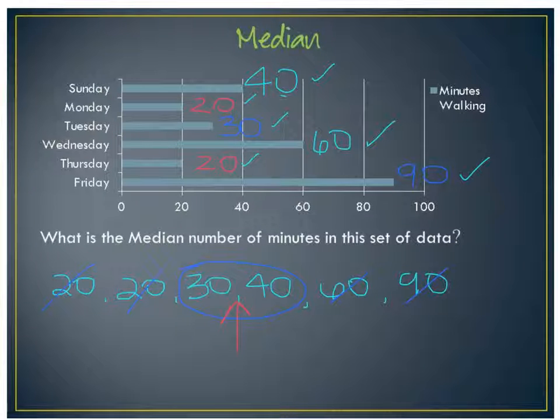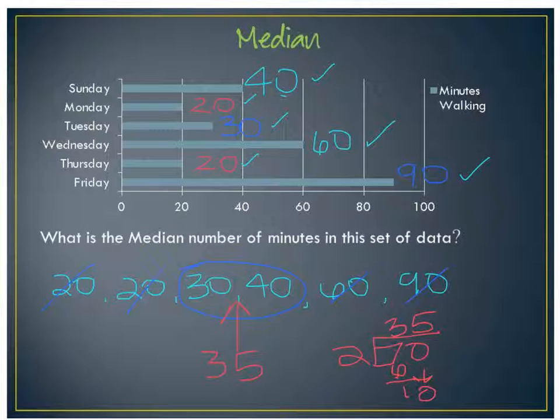So 30 plus 40 gives us a sum of 70. Then we can just divide 70 by 2, which gives us the result of 35. So the median for this problem would be 35.